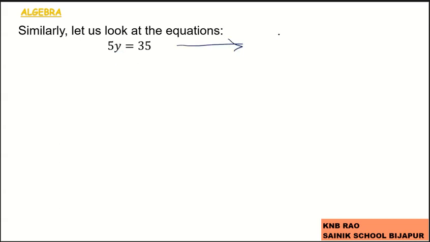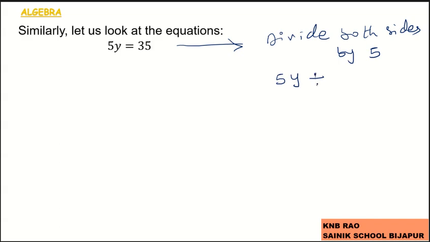I will start from this sentence and divide both sides by 5, to make the variable y alone. Now, 5y divided by 5 equals 35 divided by 5.